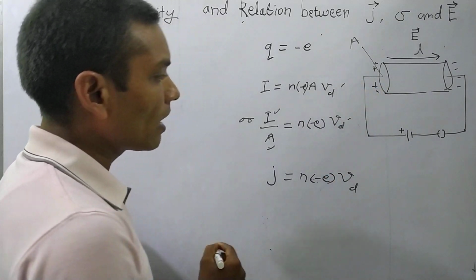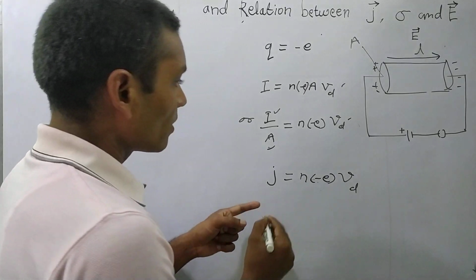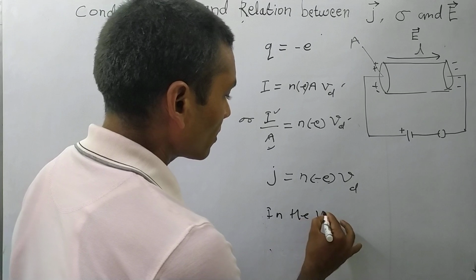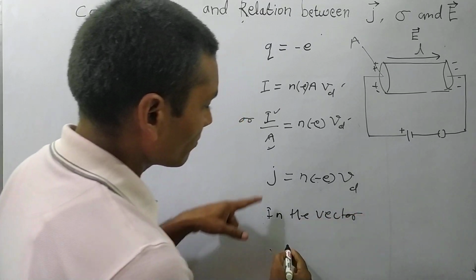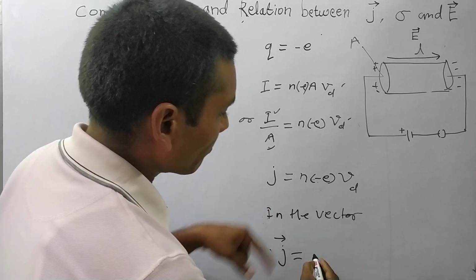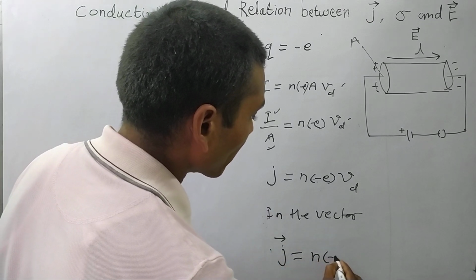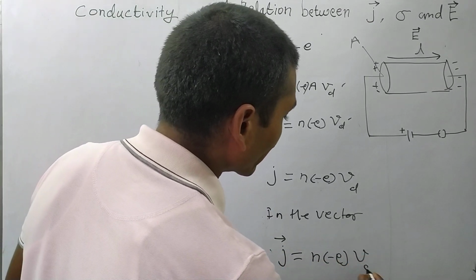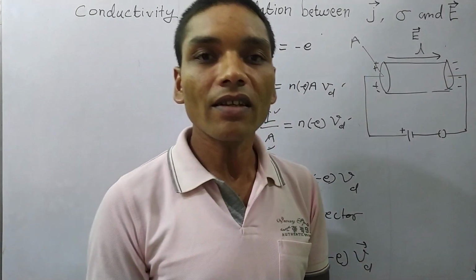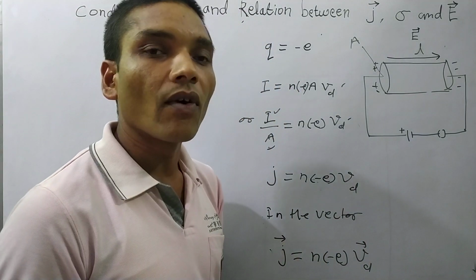In vector form, the equation will be vector J equal to n minus e vector vd, which means the current density is a vector.